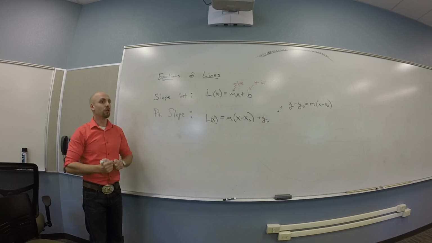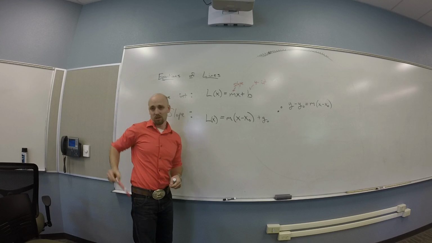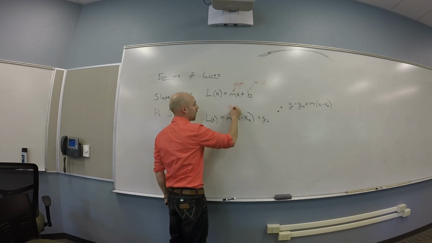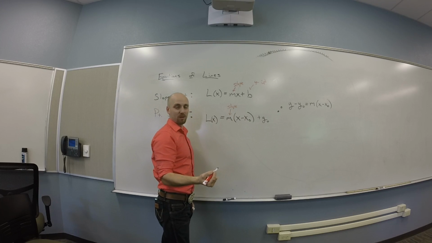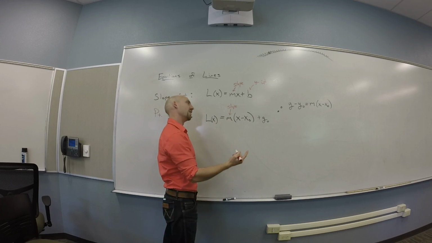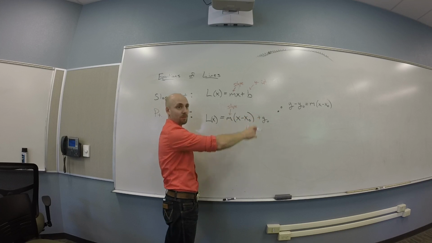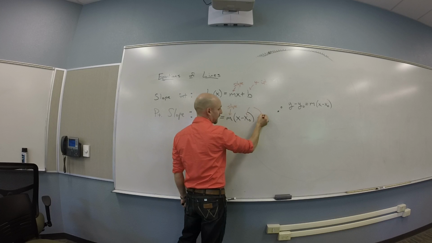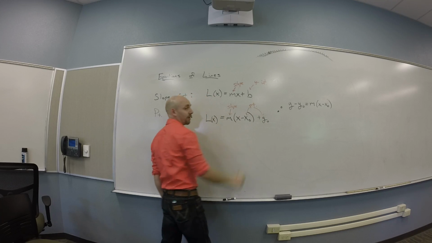That's cool. So the reason that I like this one is it's got the slope right out front, yeah? And then, what else is readily visible? The y-intercept's harder, right? Because I'd have to multiply the m through and then combine like terms. But what is readily visible is this guy, which is a point that this thing passes through.